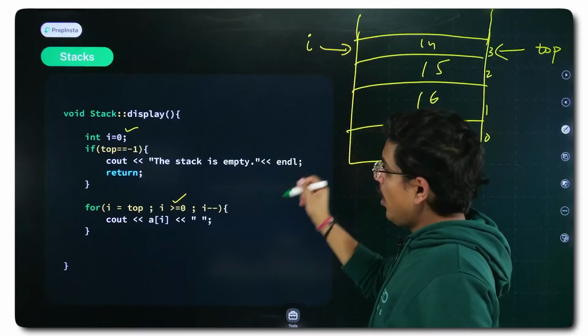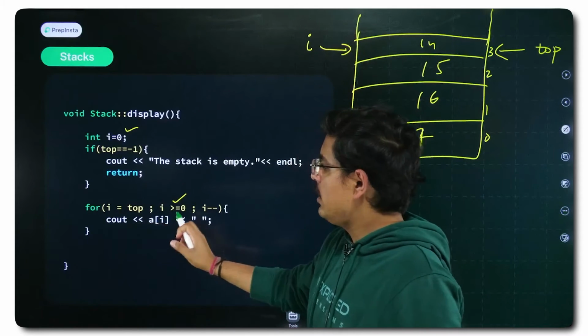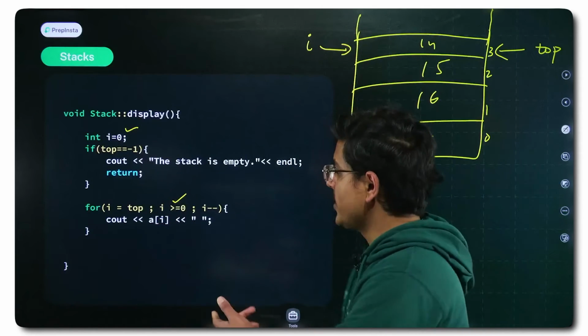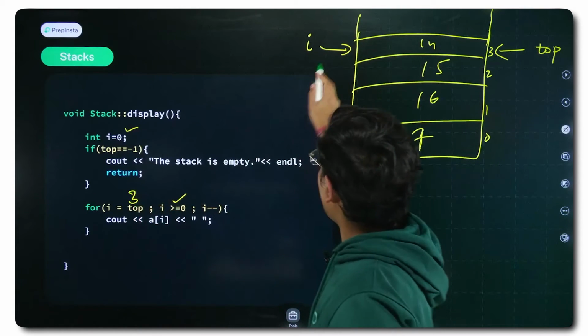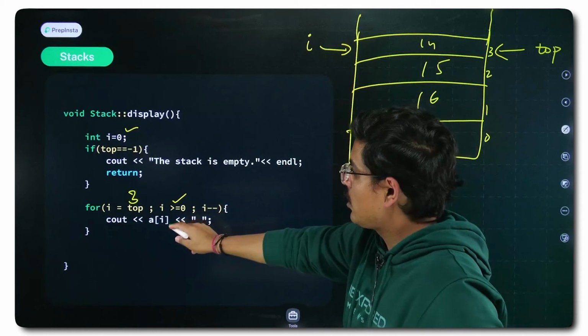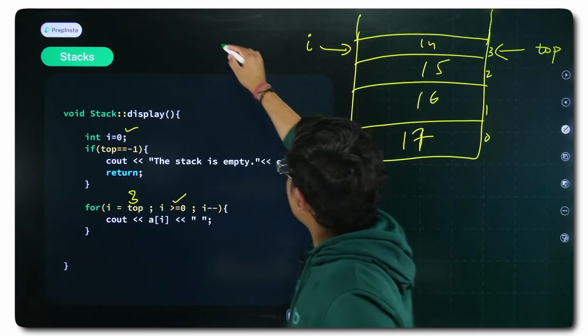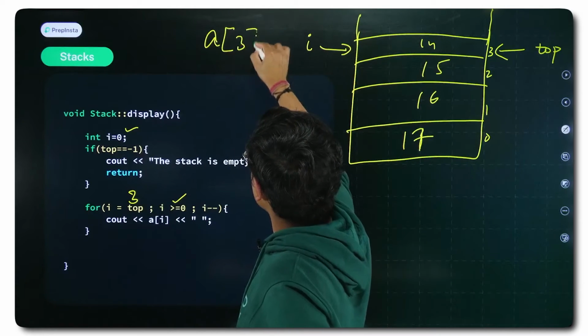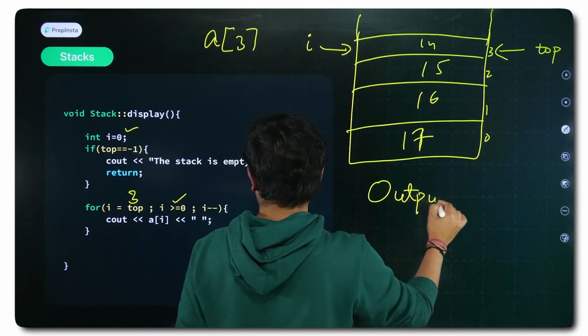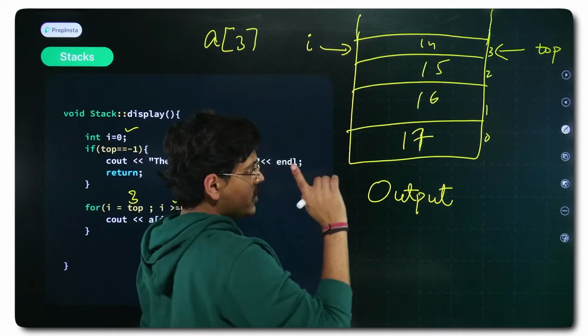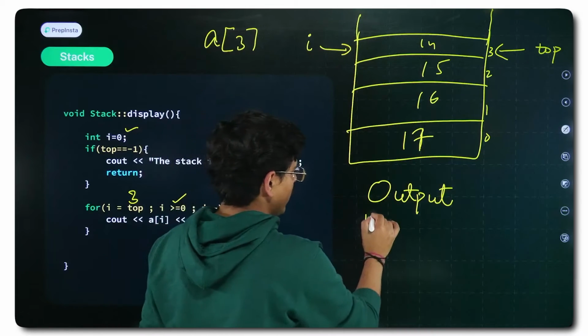Now if you see, I am printing out the elements at that particular index, which basically means now top is 3. So i is 3. I print out a of 3. We'll print this. So if I write the output here, the first value that you will get is 14.